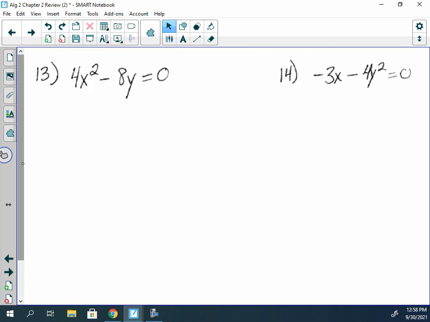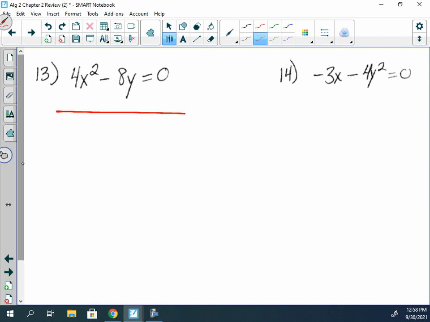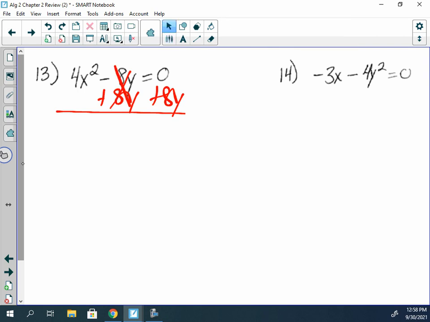Number 13. We have 4x squared minus 8y equals 0. So here, we need to get the y by itself because it's the one that's not being squared. So what would we do first? Add 8y to both sides, because these would cancel.